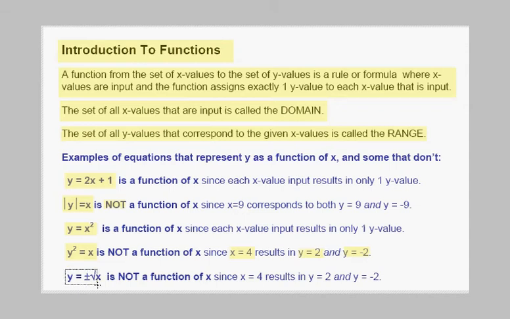And in the last example, y equals plus or minus square root of x, that's also not a function of x. If x is 4, y equals 2 and negative 2. And if you notice, the last equation is really a rewrite of the one previous. We take square roots of both sides of y squared equals x, and we get y equals plus or minus square root of x.